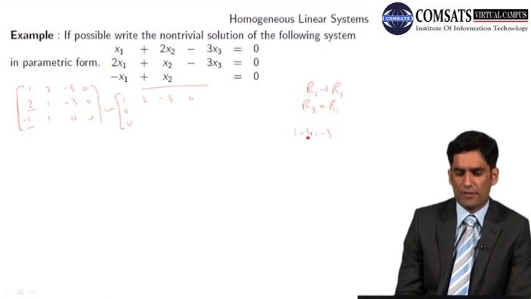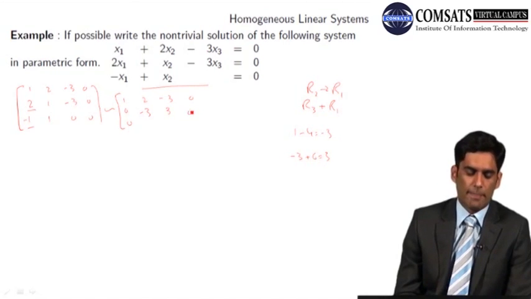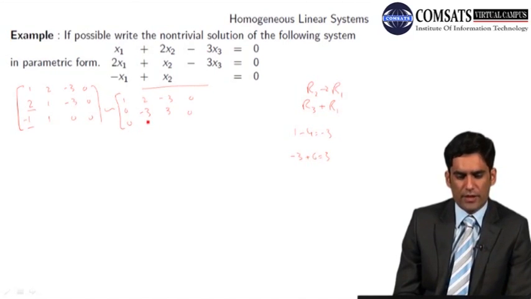Here I will have -3, and here I will have 2 times -3 plus 6 equals 3. Here I will have 3 equals 0, and here we will have 0. Similarly, I am just adding r3 to r1, so we have 3, -3 and 0. Next, my pivot element is this one.